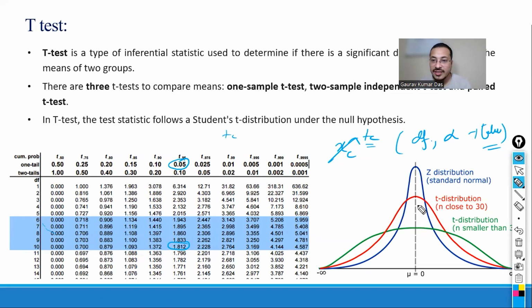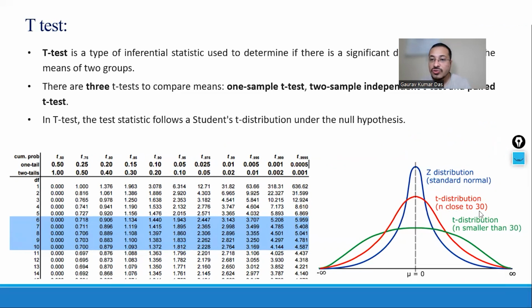And this is the distribution, guys. If you compare it with the z normal distribution, both of them are almost the same bell curve. It's just that whenever your n approaches 30 data points, it tends to be like a normal distribution. When n is less than 30, it becomes much flatter.